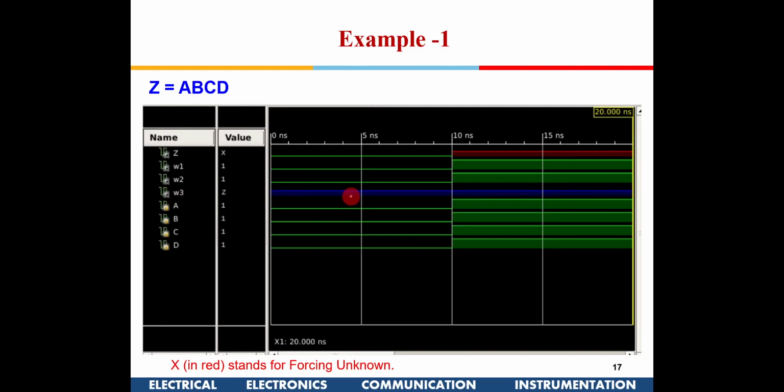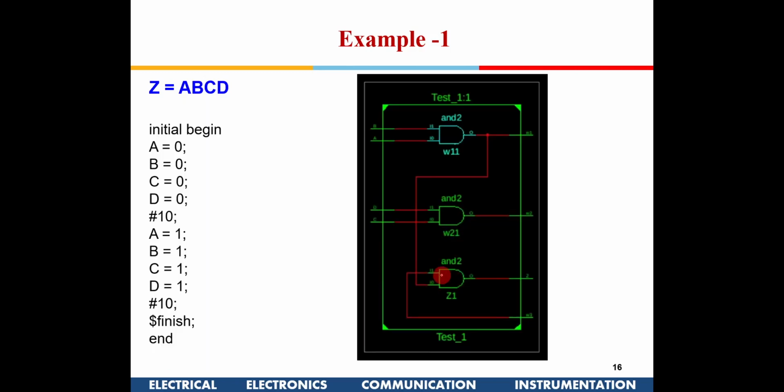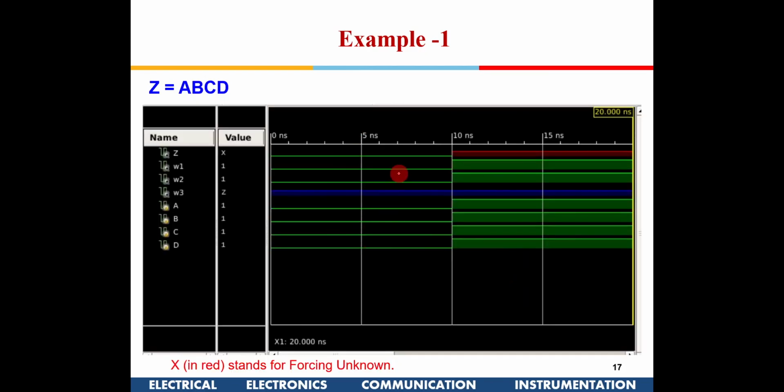It is high impedance throughout, so it is indicated in blue. When I give all zeros, the output is 0. Why is it 0? This is an AND gate and one input is 0, so irrespective of whether the other is Z or something, this will throw a 0 output. So there is no issue with the 0 here.